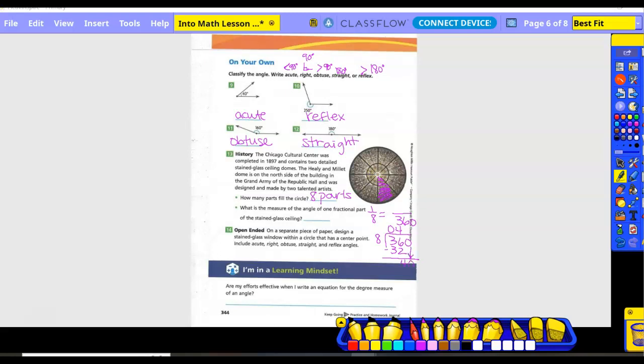Bring down the 0. How many times does 8 go into 40? 5 times. 8 times 5 is 40. Is there anything left over? No. So I would take times 45, and what I do on the bottom, I do on the top. So my answer is 45 degrees. And then we're going to cross off 14, okay? And so we can get started on homework.